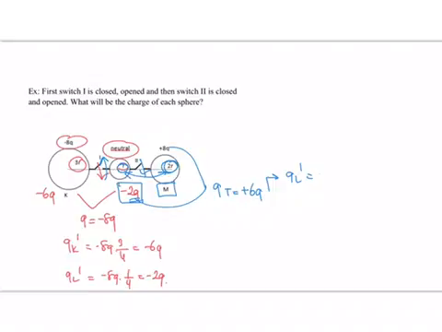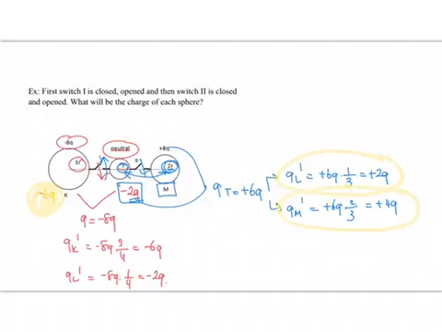L will take 1 over 4 of the total charge, which is equal to plus 2Q, and M will take the rest, 3 over 4 of the charge, which is equal to plus 4Q. So the final charges of the spheres will be: K has minus 6Q, L has plus 2Q, and M has plus 4Q.